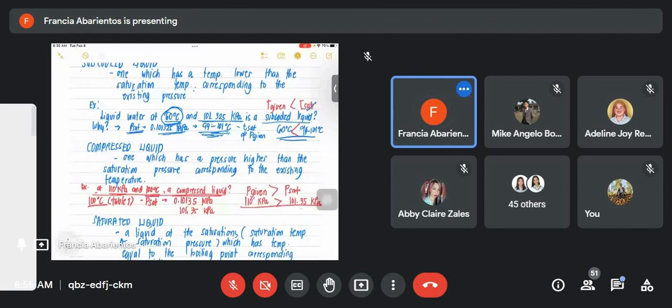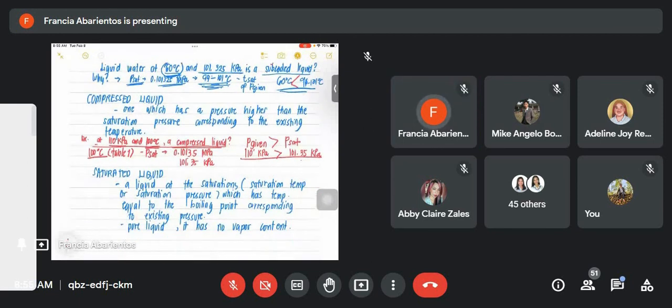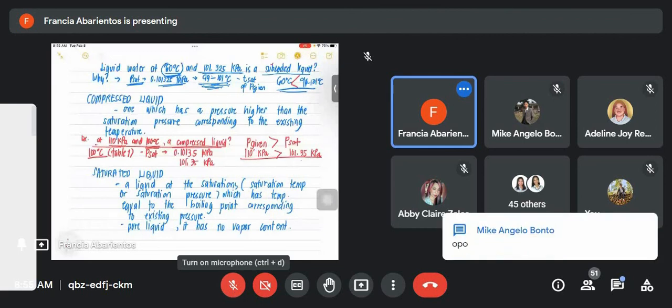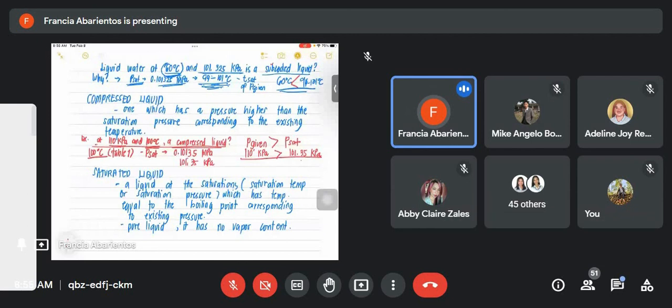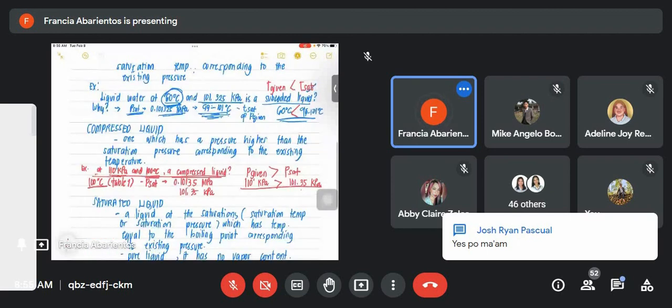Okay? Naintindihan ba, class? Tandaan nyo yung mga ginagawa kong notation. We have subcooled. Ganyan yung formula. Sa compressed, ito.